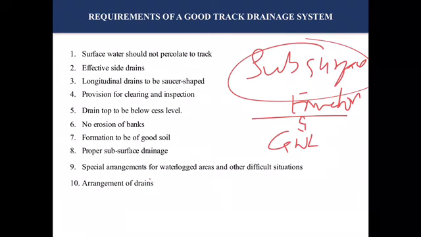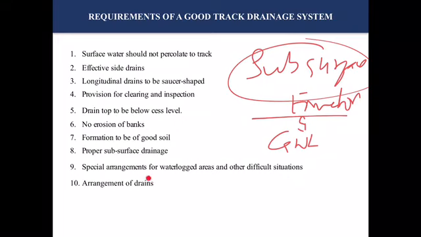So usually the coarse textured soils are more permeable compared to the fine textured soil. So it will retain very little capillary moisture and respond more readily to the drainage system. And in places like waterlogged areas, special precautions should be taken, especially if there is a presence of detrimental salt, and also if floods are common in the area.